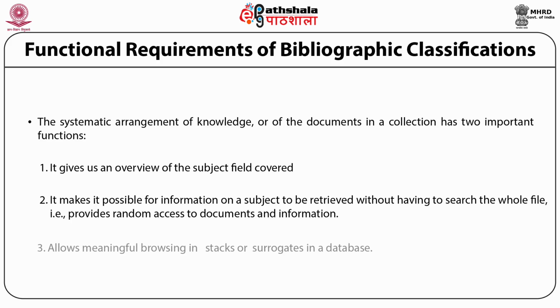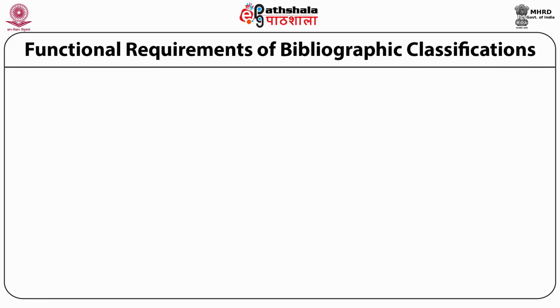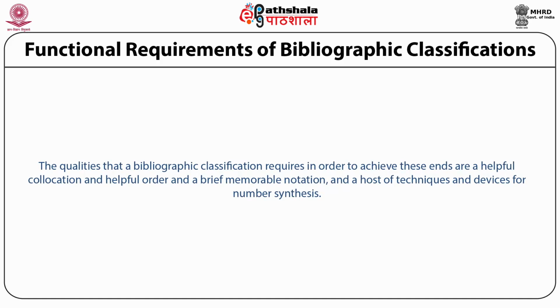And lastly, it allows meaningful browsing in stacks or surrogates in the database. Number 4. The qualities that a bibliographic classification requires in order to achieve these ends are a helpful collocation and helpful order, a brief memorable notation, and a host of techniques and devices for number synthesis.